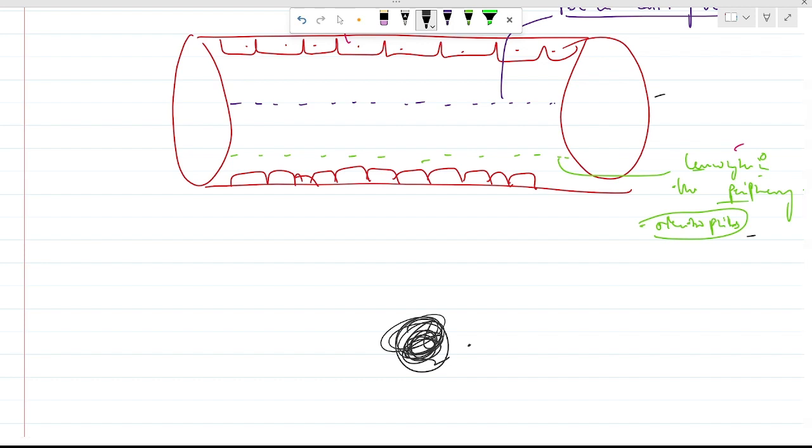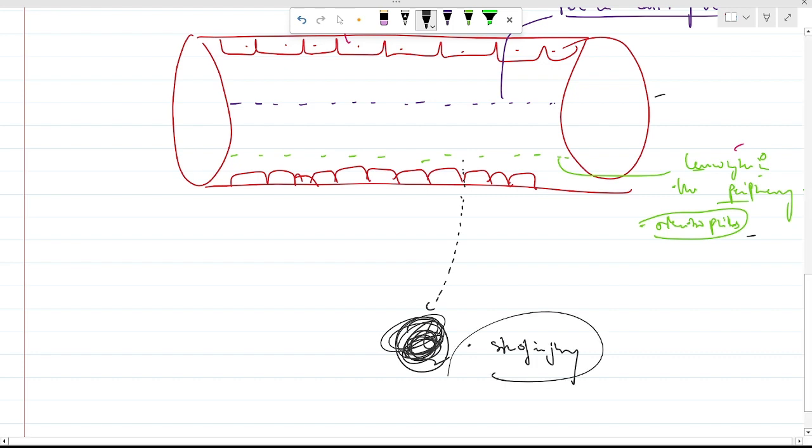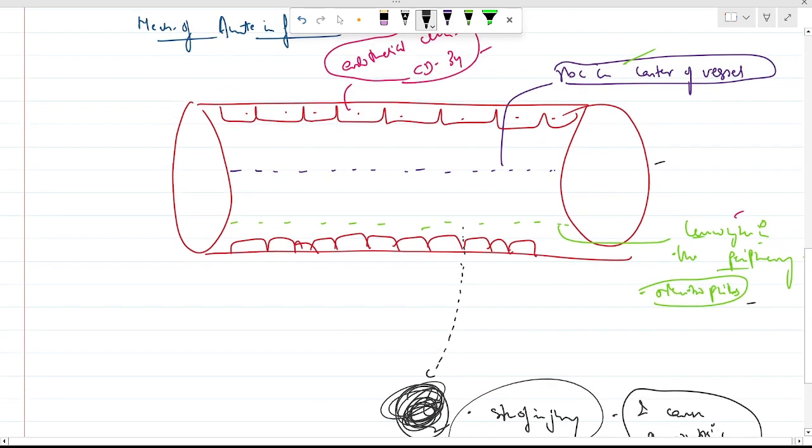Neutrophils need to cross this barrier of endothelial cells and come to this site of injury and cause phagocytosis. This is the entire gist of acute inflammation. There is a blood flow here.